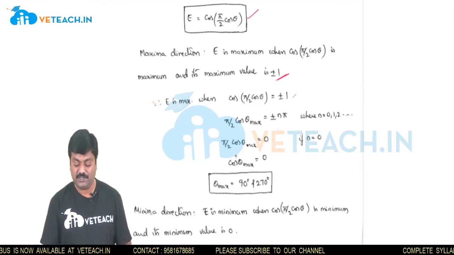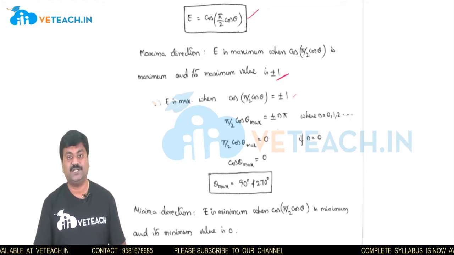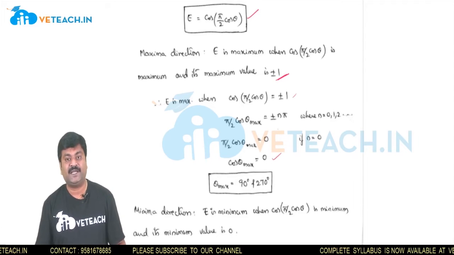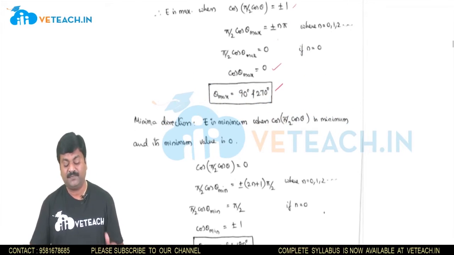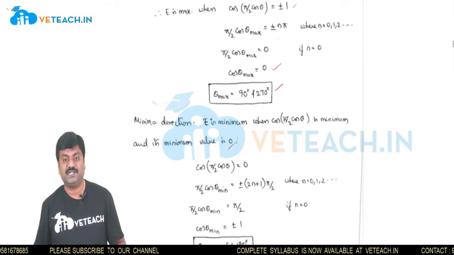If n equals 0, then pi by 2 cos theta max equals 0. Now cos theta max equals 0, which means theta max could be either 90 degrees or 270 degrees.